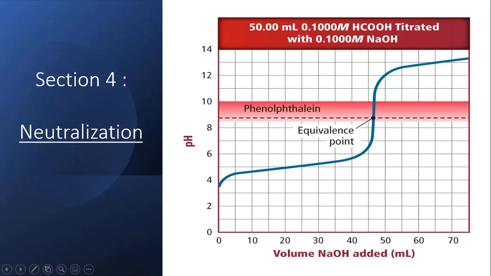Okay, watch this. Phenolphthalein, so you are going to talk about pink in the basic. You're going to see colorless for the acid. The volume added, if you start from 0, so you added NaOH to the acid, HCOOH.